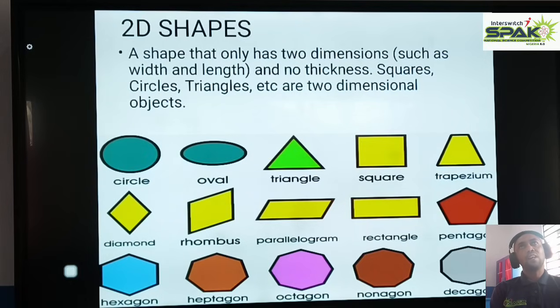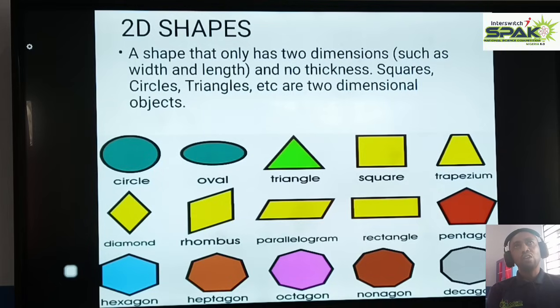A shape that has only two dimensions, such as width and length, and no thickness, is an example of a two-dimensional shape. Below are some other shapes like the circle, oval, triangle, square, trapezium, diamond, rhombus, parallelogram, rectangle, pentagon, hexagon, heptagon, octagon, nonagon, decagon, and so on.